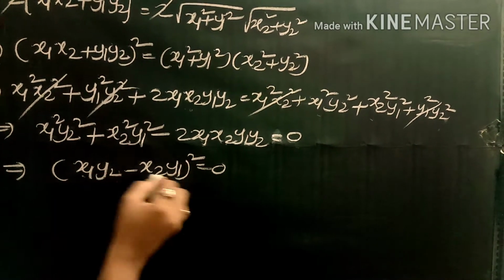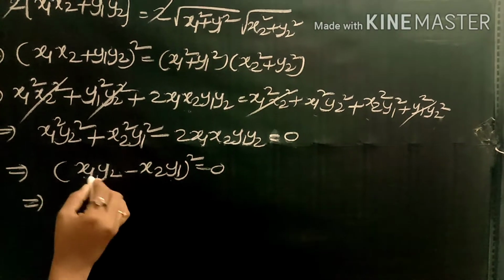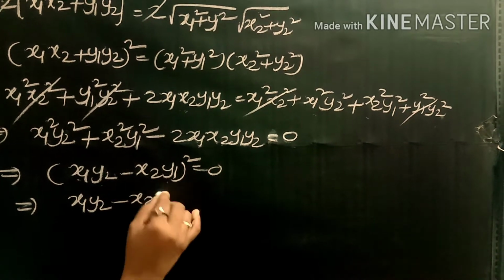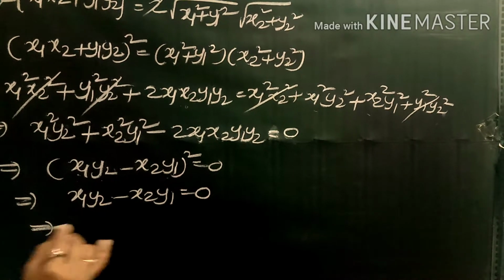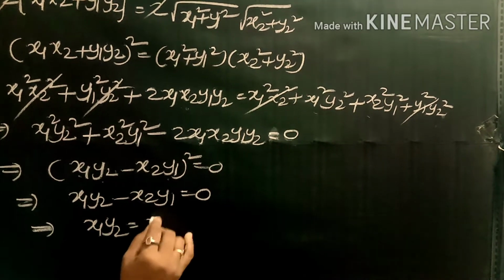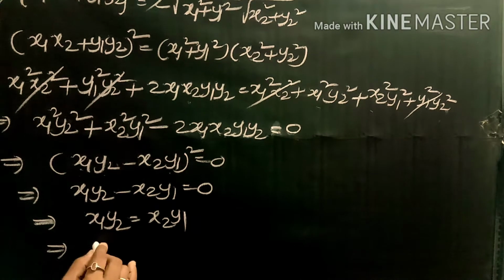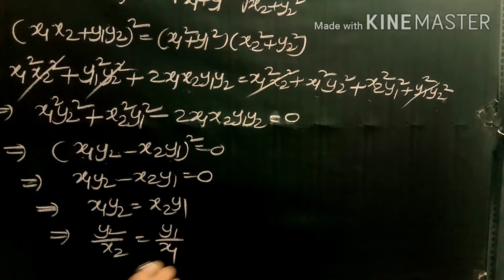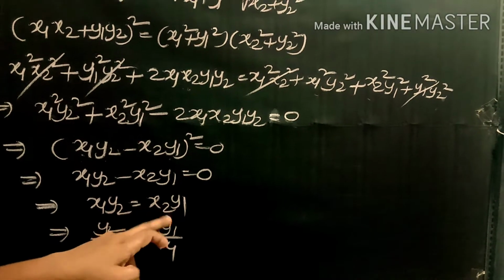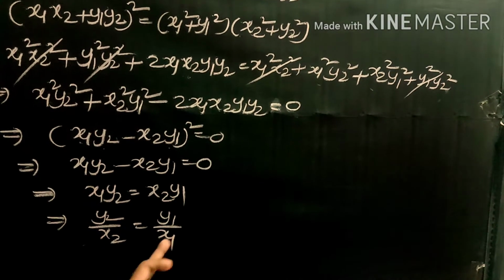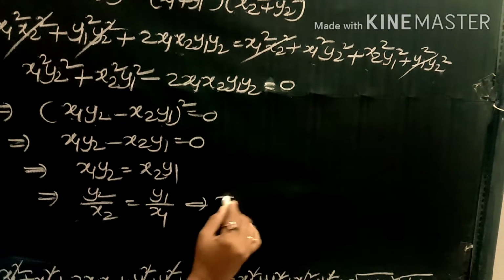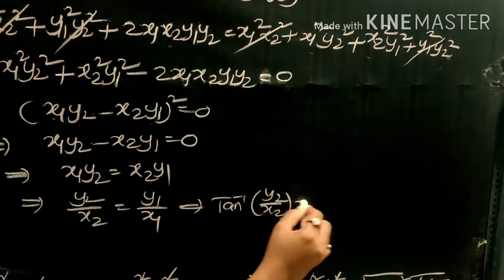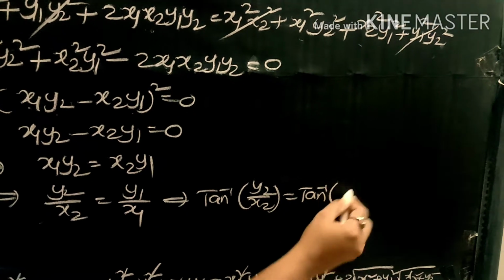This implies x1y2 minus x2y1 is equal to 0, that is x1y2 is equal to x2y1, which means y2 by x2 is equal to y1 by x1. Applying tan inverse on both sides of this equation, tan inverse of y2 by x2 is equal to tan inverse of y1 by x1.